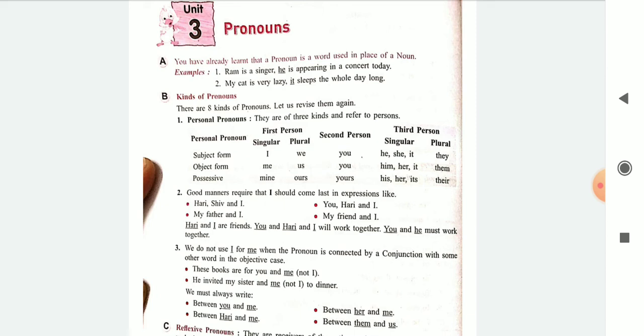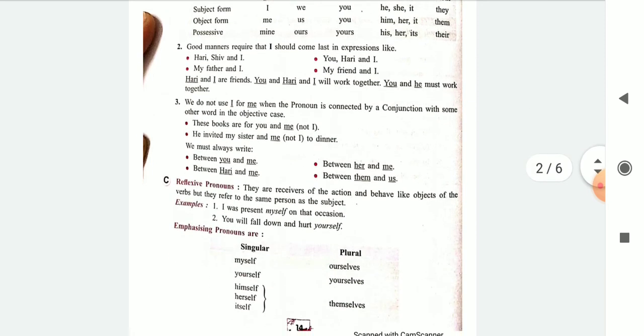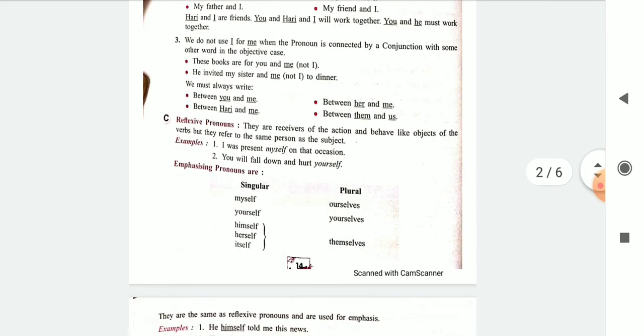Now we come to reflexive pronouns. What do we mean by reflexive? We also have another set of pronouns called emphasizing. Let me do the explanation so that you will have an idea.